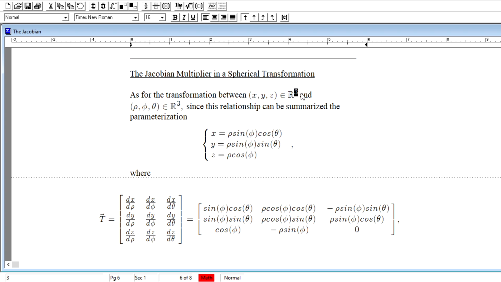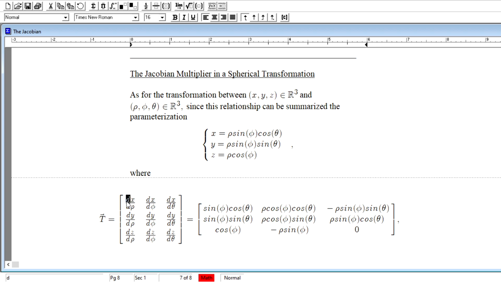Since we are transforming in three-dimensional space, the linear transformation matrix is going to be made up of a 3 by 3 matrix, where the rows of the matrix are going to be the partials of x, y, and z respectively with respect to the parameters rho, phi, and theta respectively. Right?